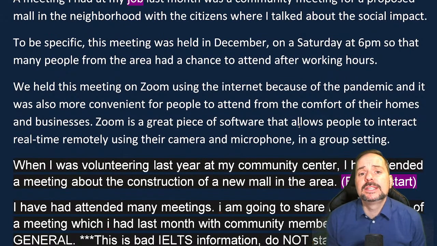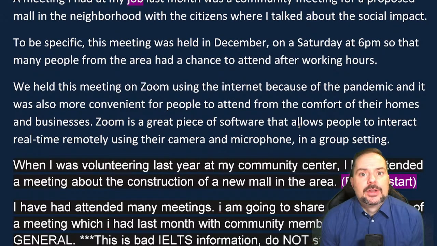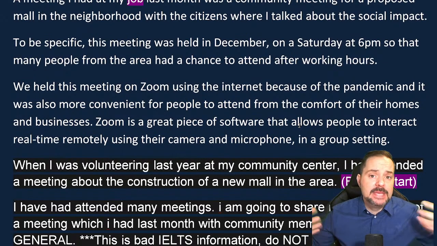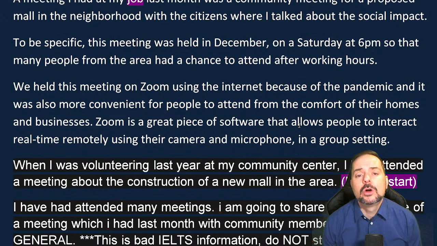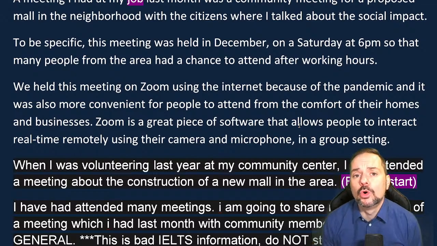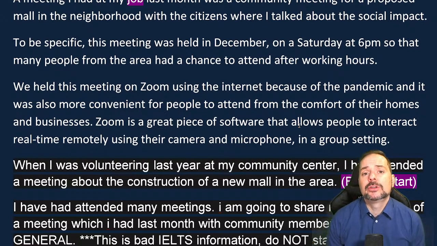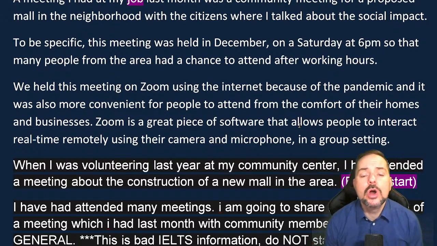So why am I telling the examiner what Zoom is? Because even though the examiner might know what Zoom is, they might not. Not everybody uses Zoom, but they probably would, but that's okay. I'm still giving them more detail and description about the meeting and the structure of the meeting. A very important rule in your IELTS speaking is don't assume that your listener knows what you know.